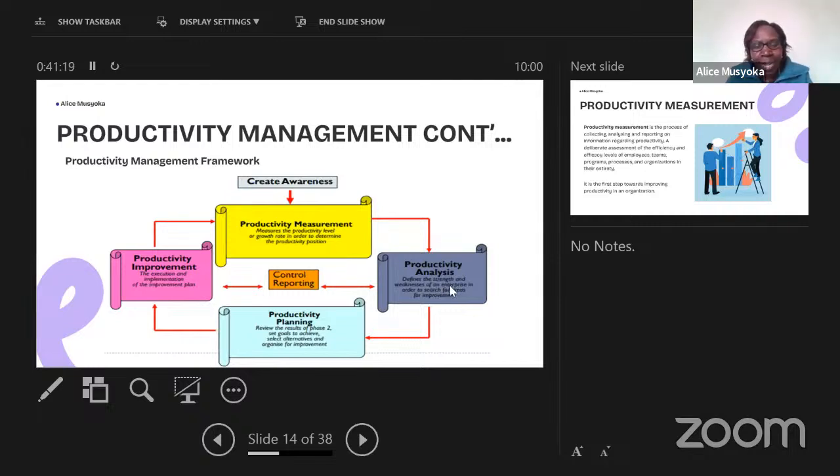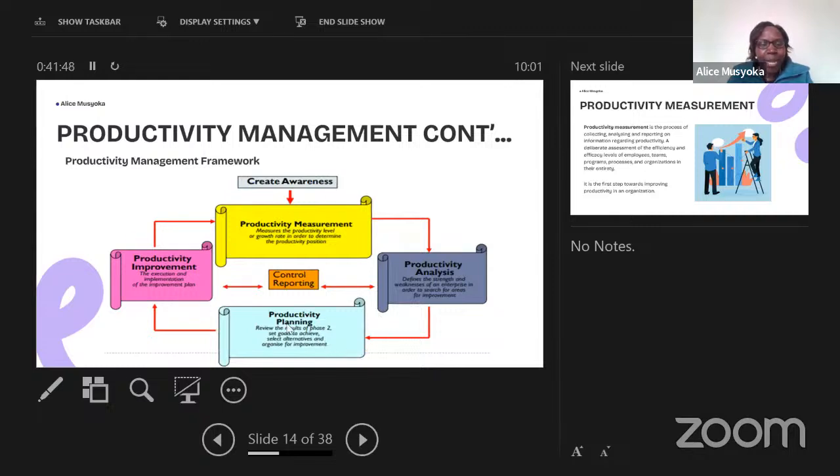Then you come to productivity analysis. And after you've carried out the analysis, you will need to do a report. There's reporting, which leads to identification of gaps and productivity improvement. That's why you are seeing the arrows from productivity analysis. In between, we have control reporting, and then we have productivity improvement.